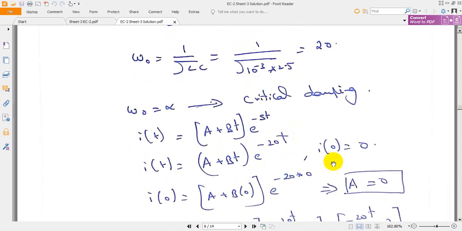At t is equal to 0, when I substitute t is equal to 0, I of 0 will become a plus b of 0 into e power minus 20 into 0. You will get I naught, current before switching operation, is equal to a, but we know I of 0 is equal to 0.